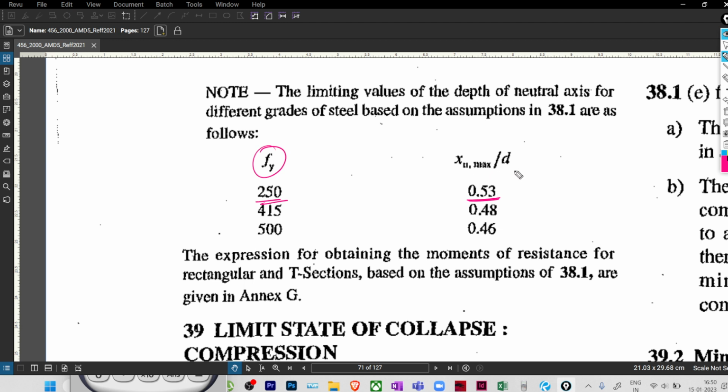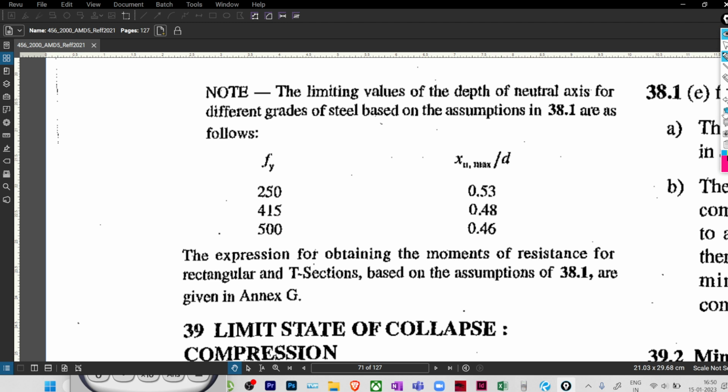If you multiply with this d, then we'll be getting the same value. So we are getting 0.53 for 250, 0.48 for 415, 0.46 for 500. Similarly, you can do the same for other grades of steel also.